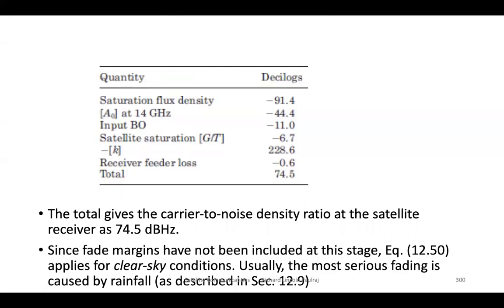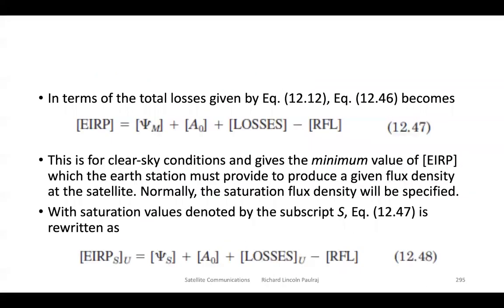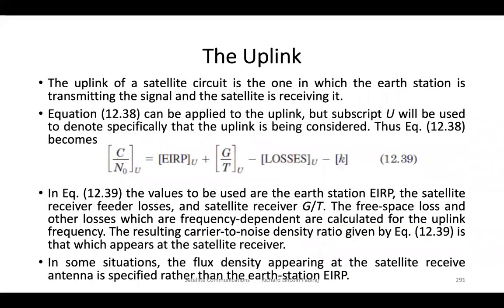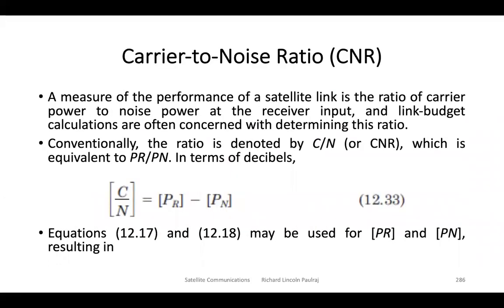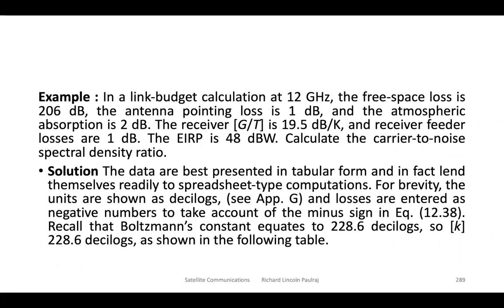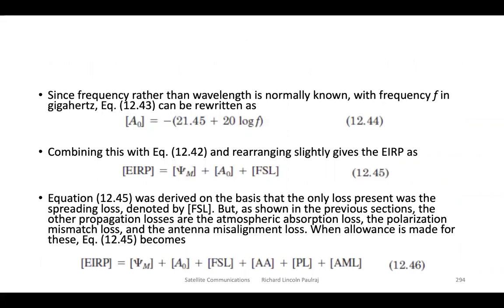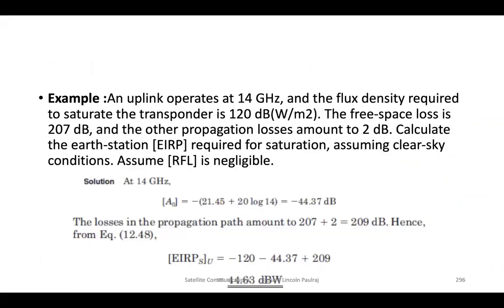So for flux density, we have A naught at 14 gigahertz, which was calculated as about 44.4. Remember the previous problem, where we had got about 44.37.